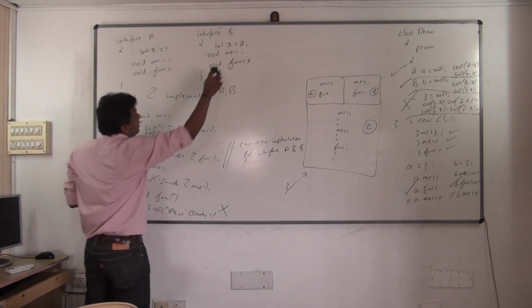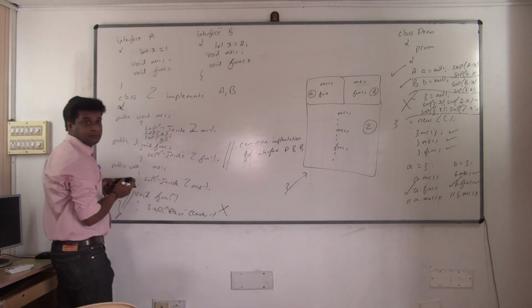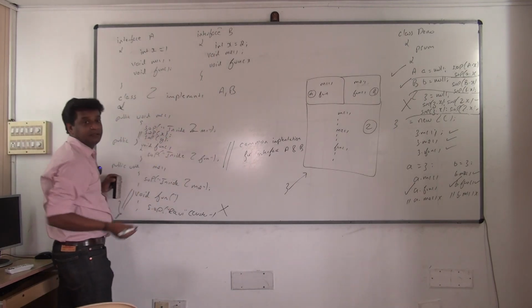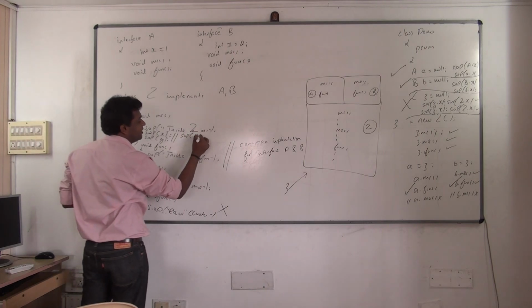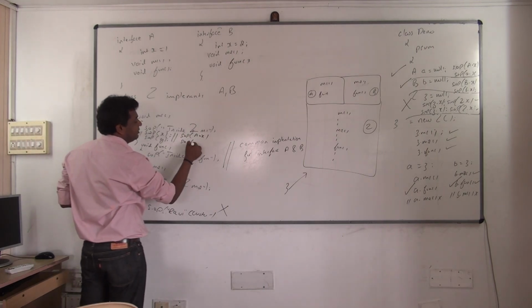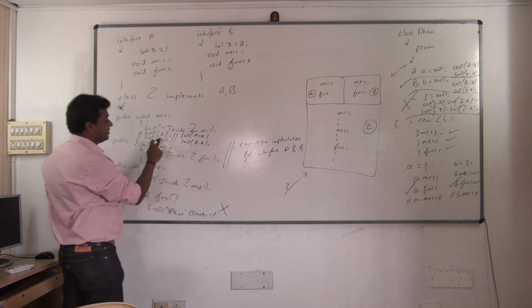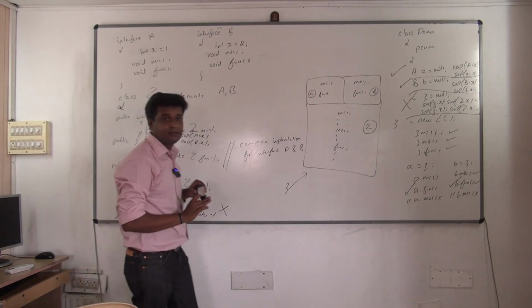But if both are the same, SOP X will give an error. So you have to go with the interface name only: A.X, B.X. If they are different, you can use them directly.